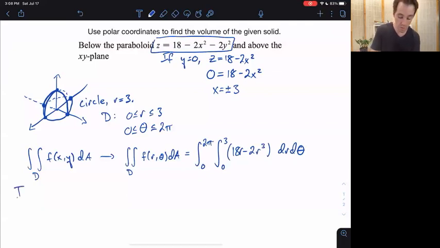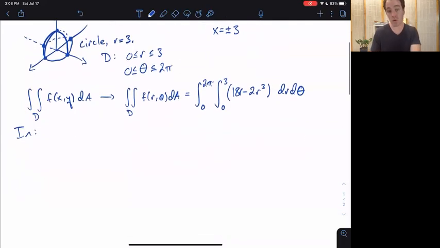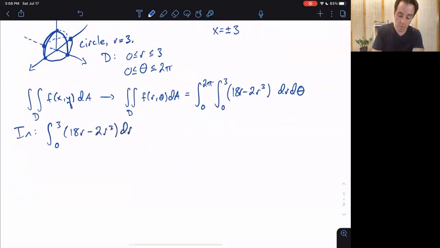All right, so from this point on, it's a pretty routine problem because you're really just integrating a polynomial, but we'll get through it. The inner is from 0 to 3 of 18r minus 2r to the third dr. This is going to be 9r squared minus, and then r to the third goes to r to the fourth over 4, but times 2 will be r to the 4th over 2.